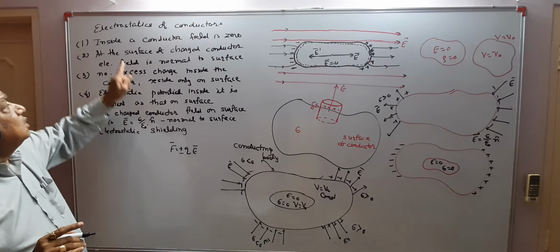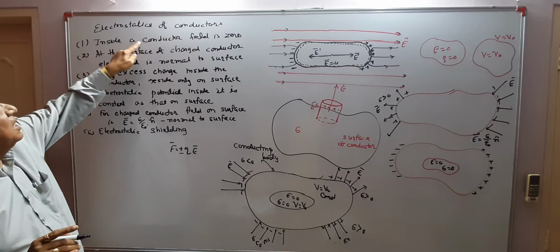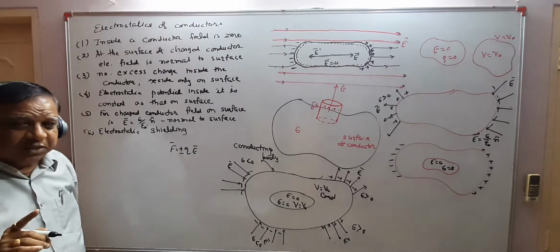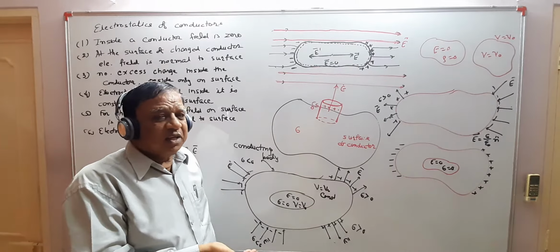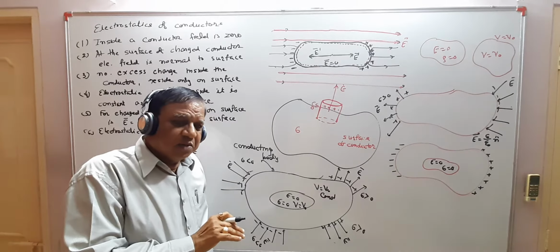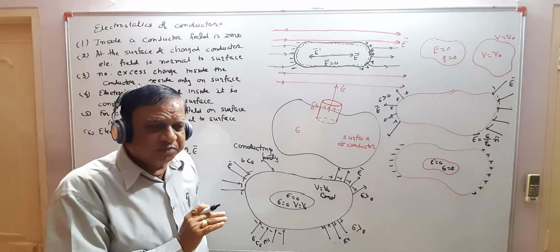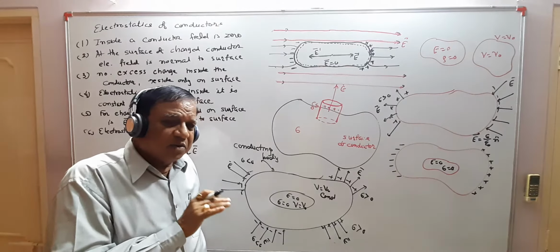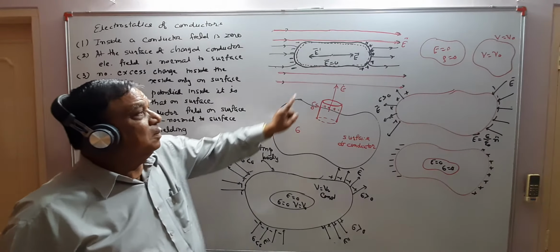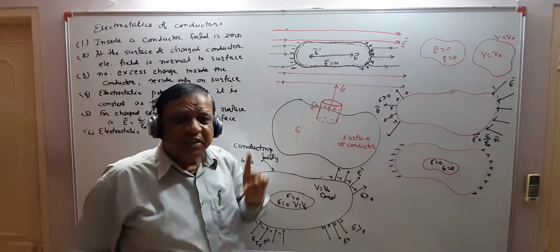See the first point: inside a conductor, the field is 0. Whether we place it in a field or in the absence of a field, whether it is charged or not, in all situations the field inside the conductor is 0.